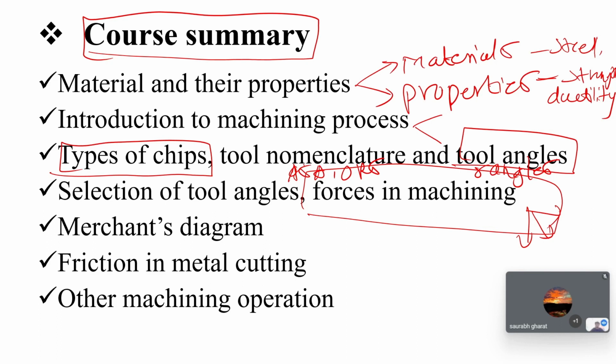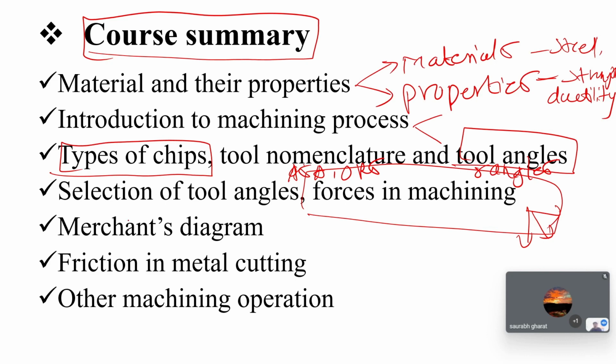You must consider the graph for tool angles and tool geometry. Tool angles are more important, since according to the tool angle, the forces and other things will change. You must keep this part in mind.